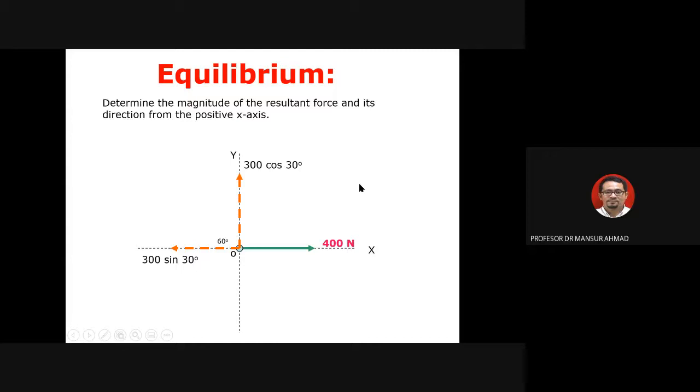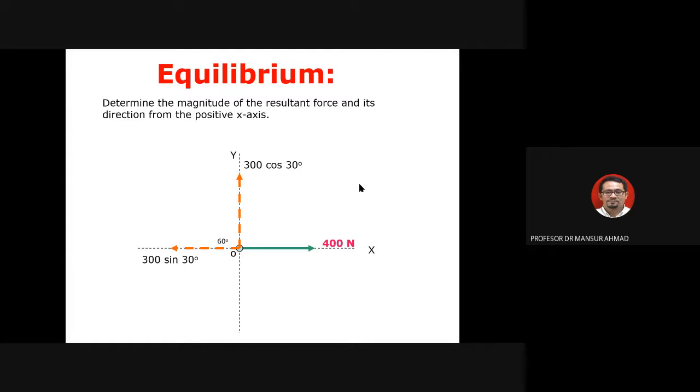So I'm going to first sum forces in x direction. You can sum forces in any direction you like as a start, but alphabetically x first, then y, but you can sum forces in y first too.